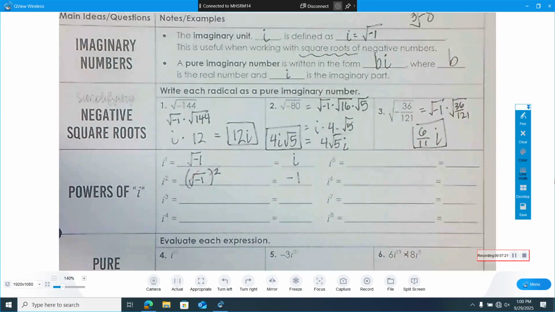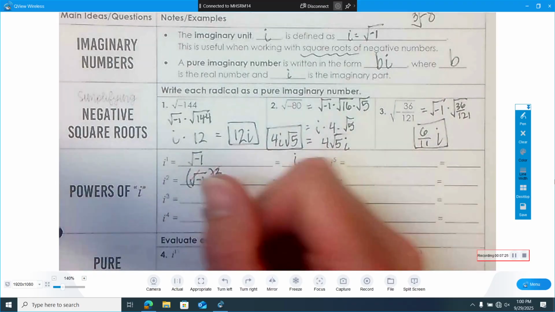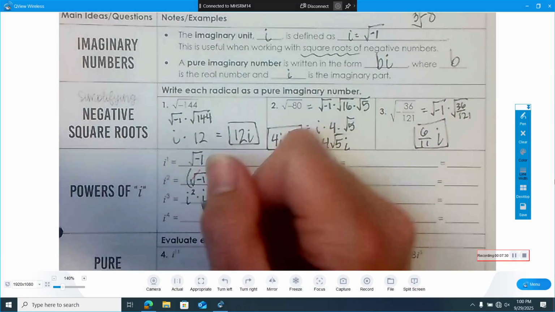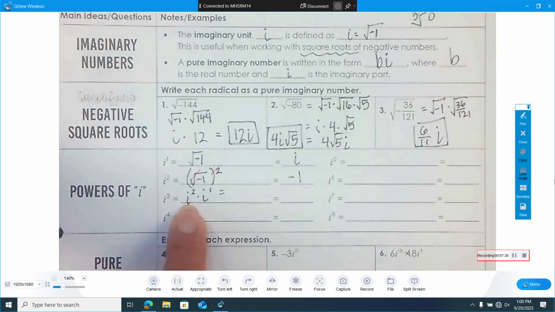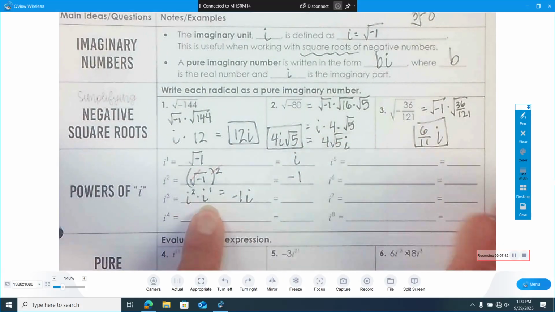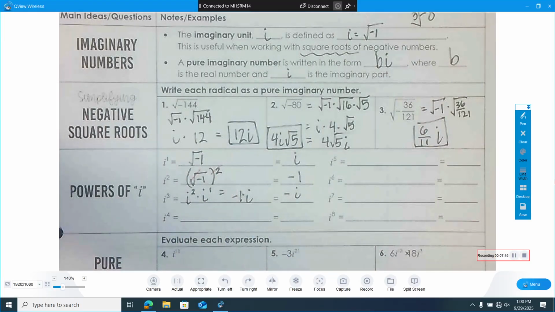Negative 1. All right. Well, i cubed happens to be i squared times i to the first power, right? So since they have the same base, we can add those exponents. All right. So then what's i squared? Negative 1 times i. So negative i is how that would simplify.